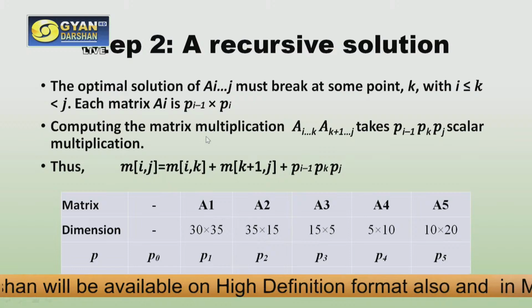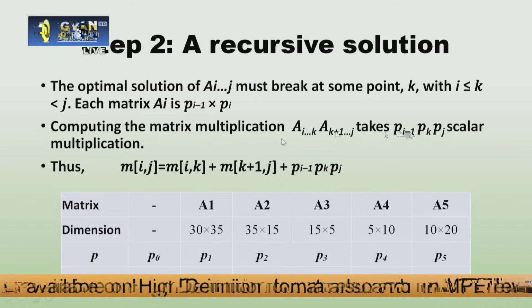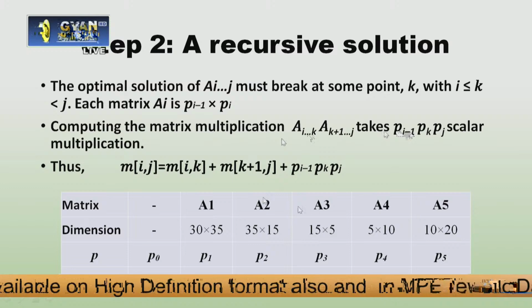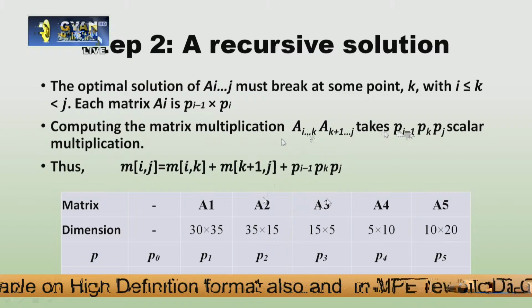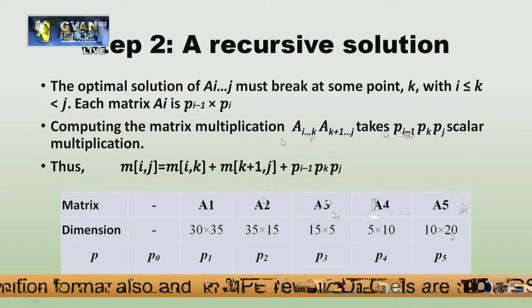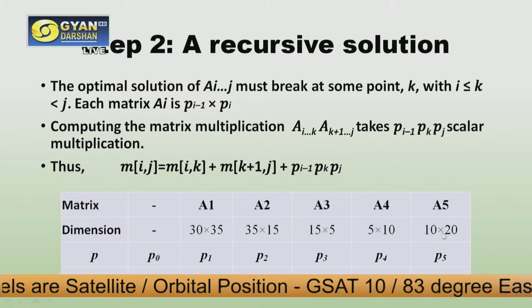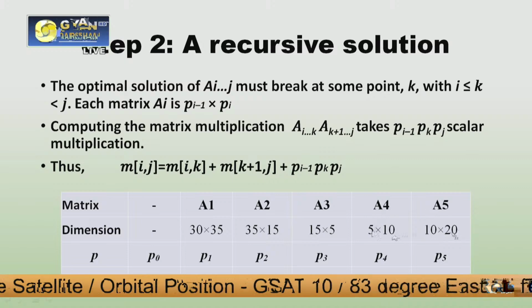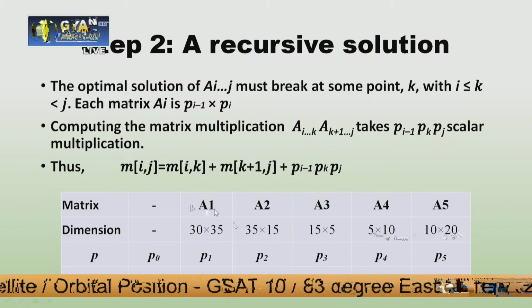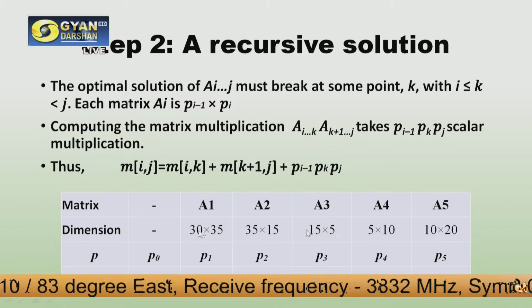Now, computing the matrix multiplication takes, so if I'm computing Ai to Ak, let's say A1 to A3, that is one particular product, and I want to multiply it with A4, A5, that is in one bracket. What would be the size of this particular matrix? 5 into 20. And what would be the size of A1 till A3? 30 into 5, right?